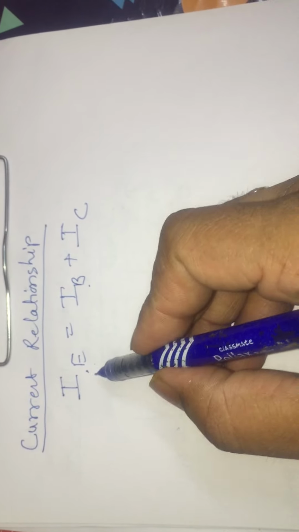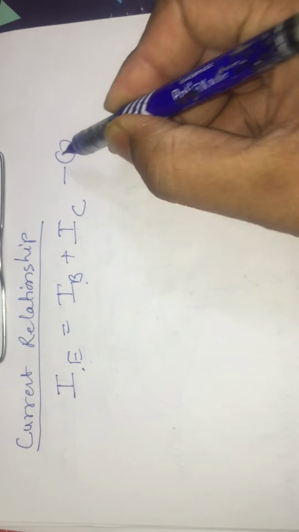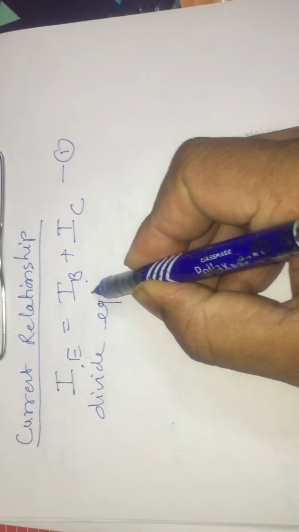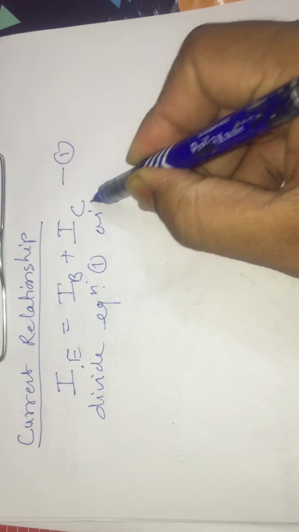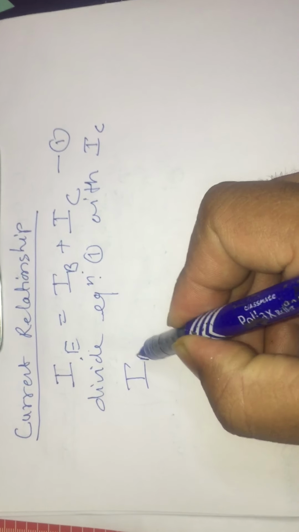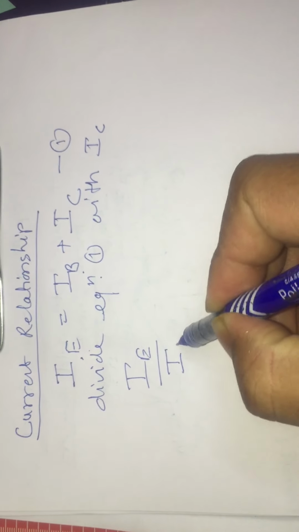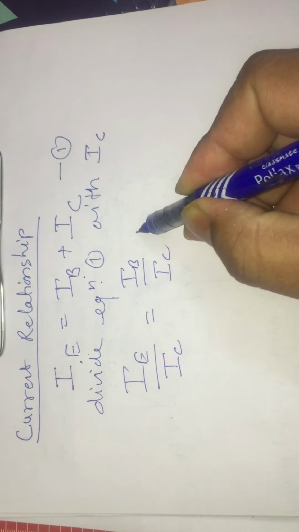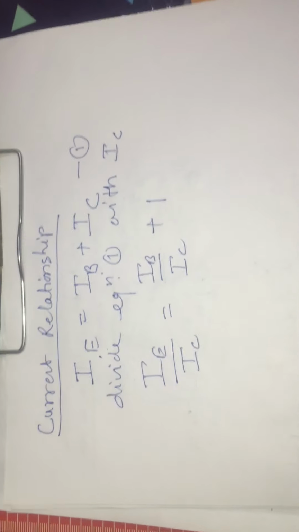Now we divide equation number 1 with IC. So what will happen? IE divided by IC equals IB divided by IC plus 1.